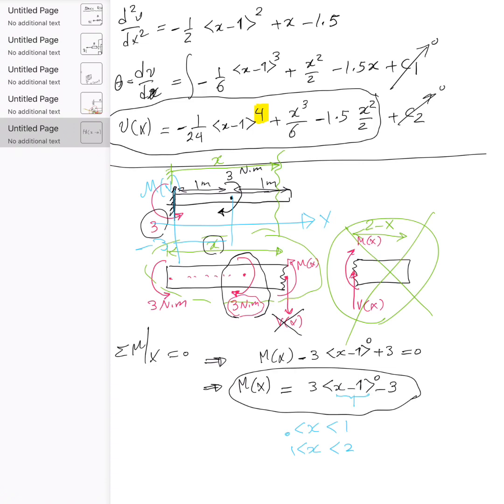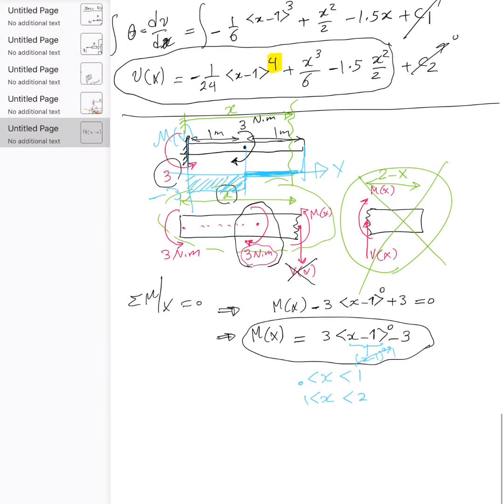Well, this term becomes parentheses x minus 1. Because you have power 0, the entire thing becomes 1. 1 times 3 minus 3 becomes 0. So your value of the moment diagram from here to here is entirely 0. So that's your moment diagram: negative 3 from 0 to 1, and pure 0 from 1 to 2.